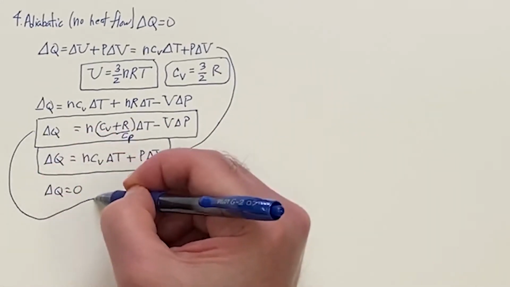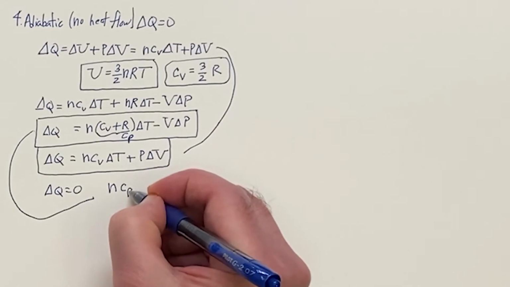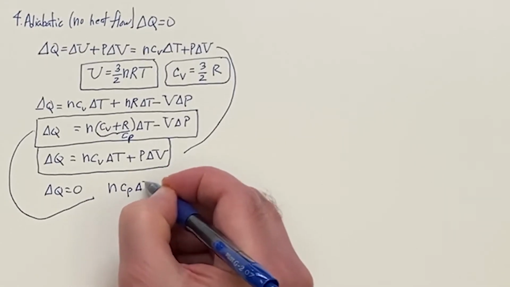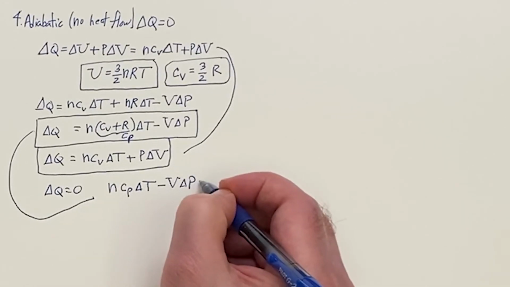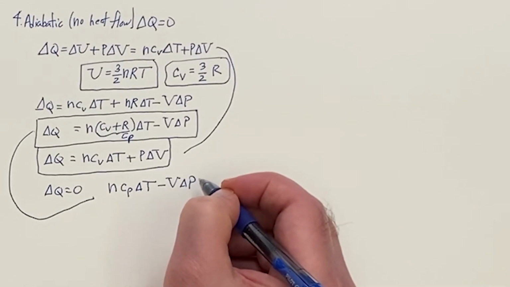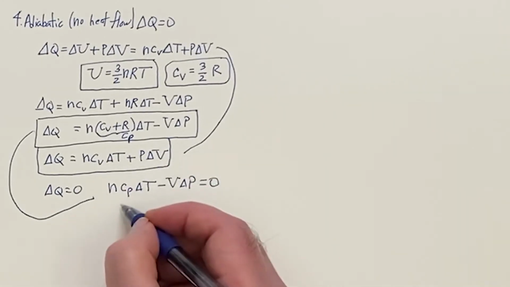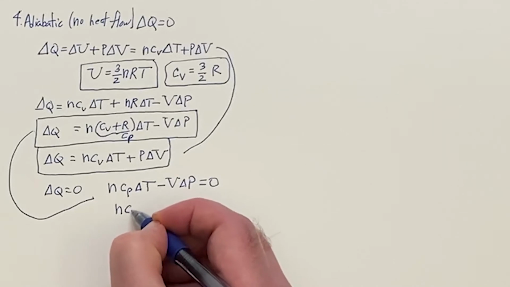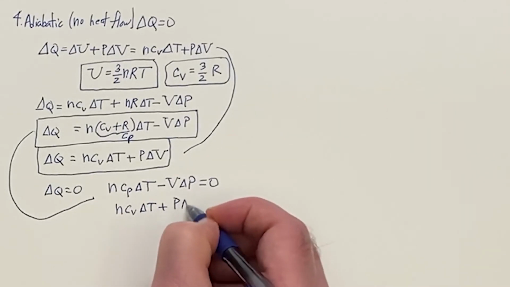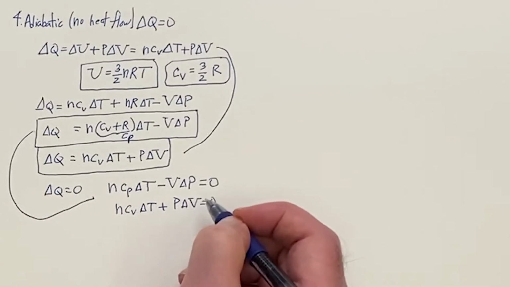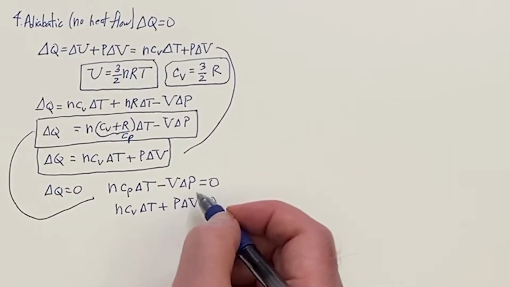So if I do that, then n CP delta T minus V delta P, that's equal to 0. And this other one's equal to 0, n CV delta T plus P delta V is equal to 0. So let's go ahead and, let's not set these equal.